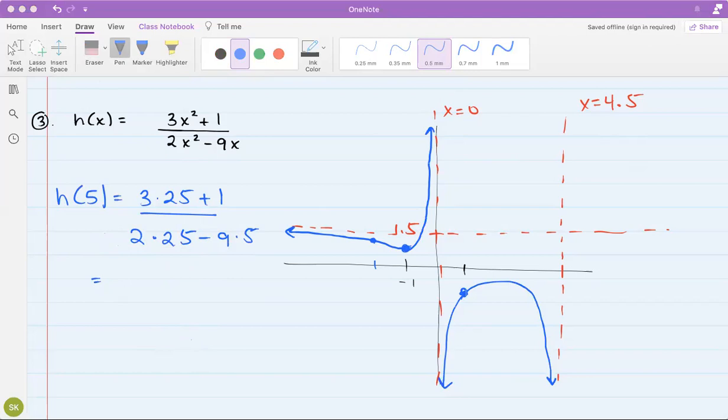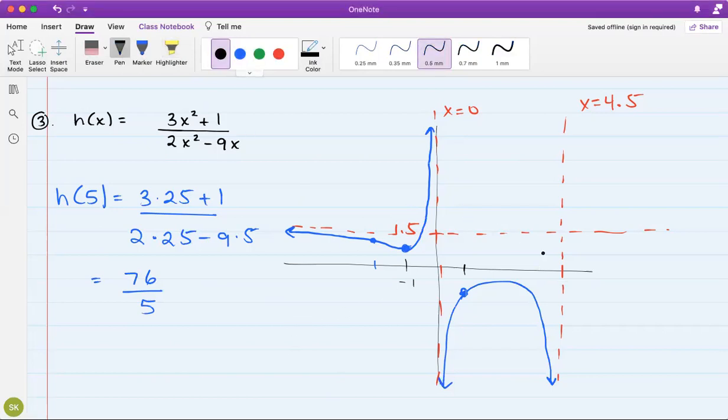So 3 times 25 plus 1 is 76. And then we have 50 minus 45. Oh, sorry, is that 45? Yeah, 45. So that's 5. So 76 over 5 is 15.2.